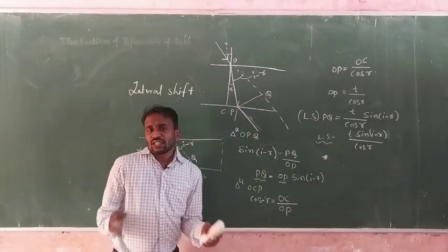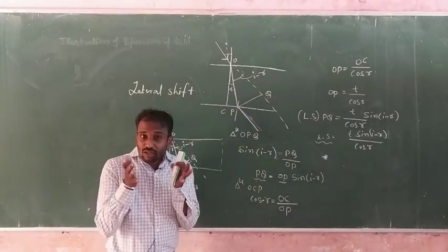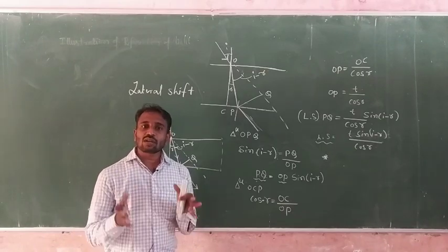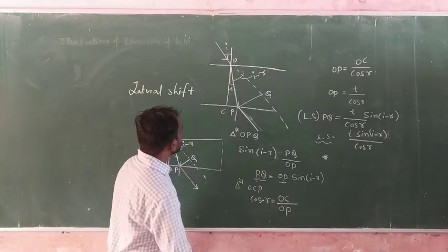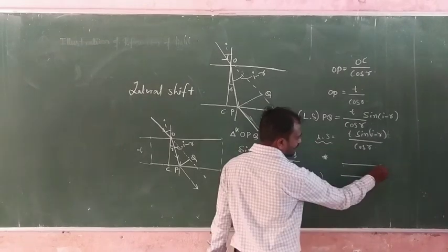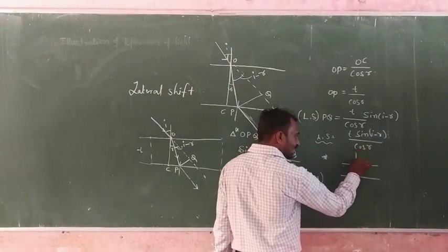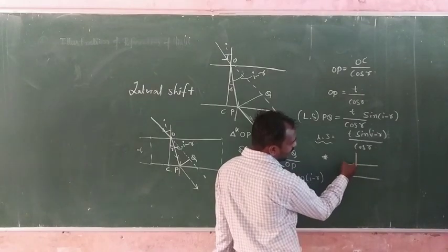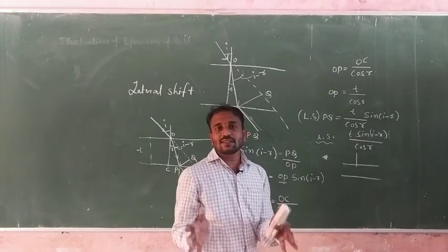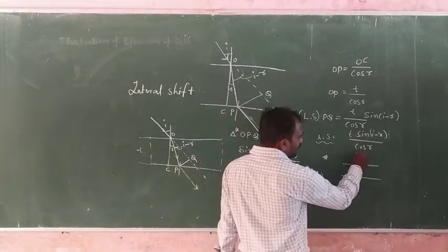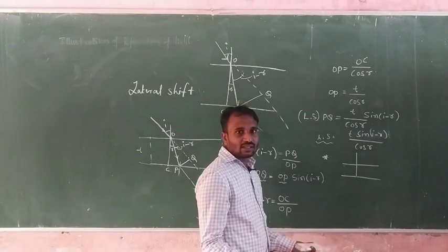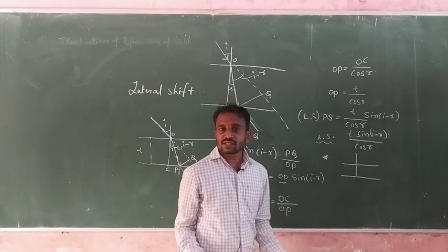Now consider one condition: we want to find the lateral shift for normal incidence. Here we consider a glass slab and this one is the incident ray. Normal incidence means the incident ray is perpendicular to the refracting surface. In normal incidence, the angle of incidence is 0 and the angle of refraction is also 0.